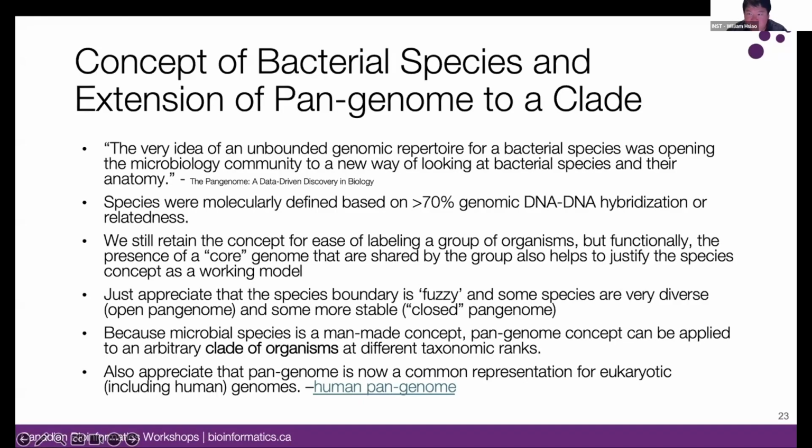But the fact that functionally there is a core genome shared by the group of organisms also helps to justify that species concept as a working model, right? So we should appreciate that species boundary is fuzzy and that some species are very diverse, they're open pangenome, and some are more stable and have closed pangenome, right?